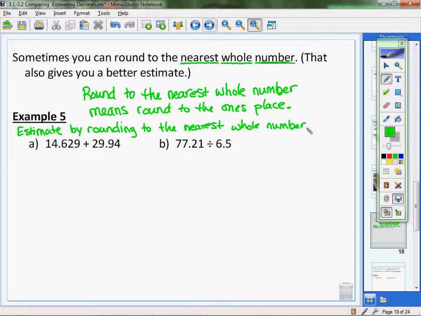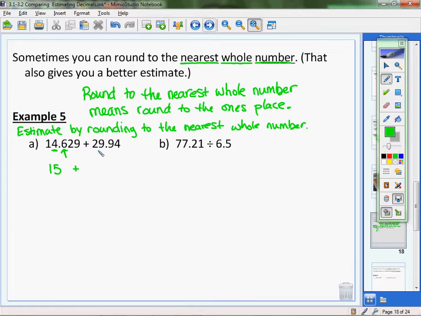If we round to the nearest whole number, we want to round to the ones place. In the first number, that's the 4. So look at the digit after it, the 6, which tells us that this number will be closer to 15 than it is to 14. So we have 15 plus.